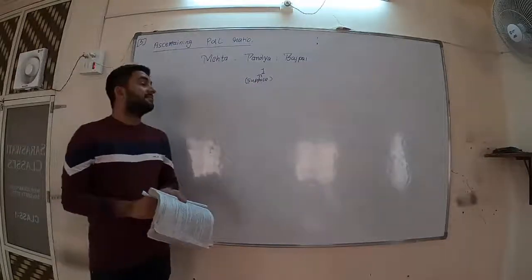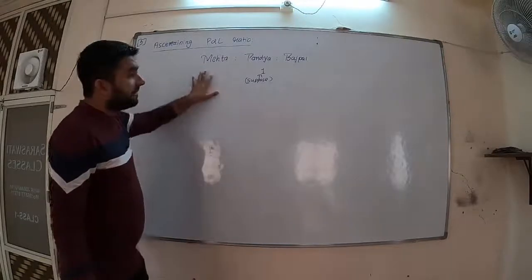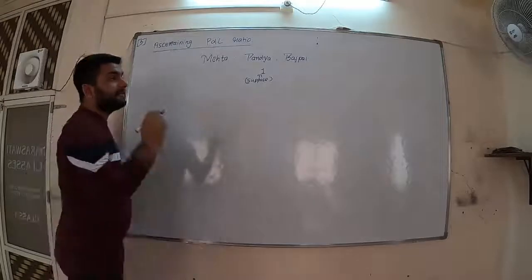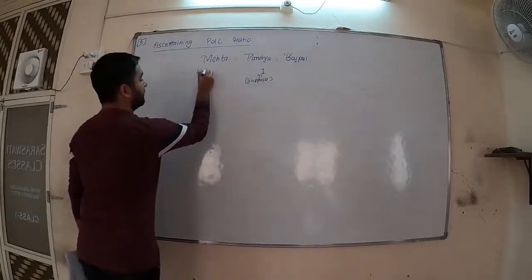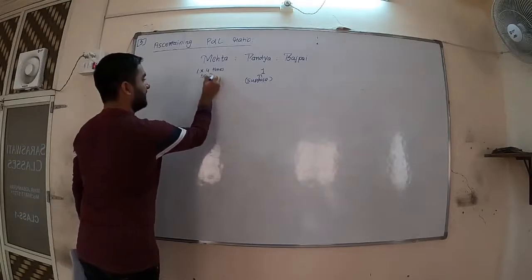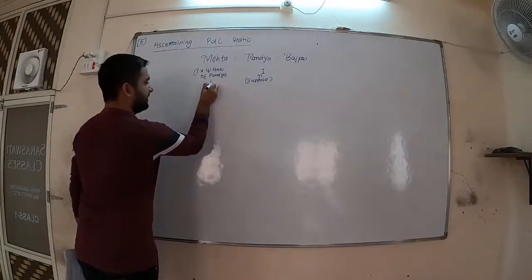Suppose Pandya's share will be 1. Mehta receives 4 times of Pandya, and times means multiplication. 1 into 4 is 4.